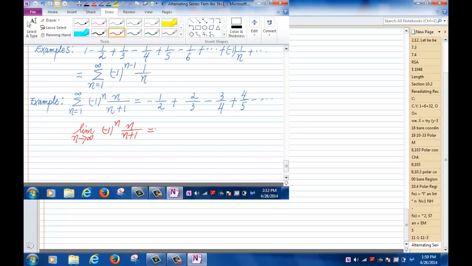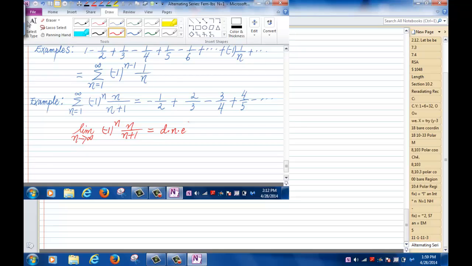Doesn't exist. Why? Because without the (-1)^n, the limit is 1, which means the value of n over n plus 1 is getting closer and closer to 1. But because you have (-1)^n, it's alternating, so values are getting closer and closer to 1 and -1. So it's not converging to a number. This limit doesn't even exist, let alone equal 0.